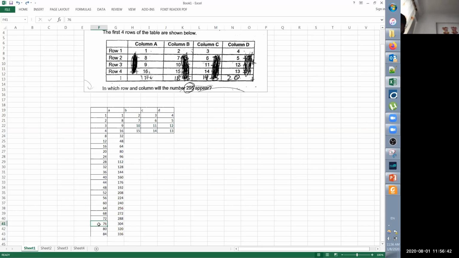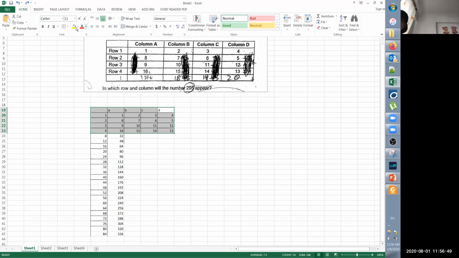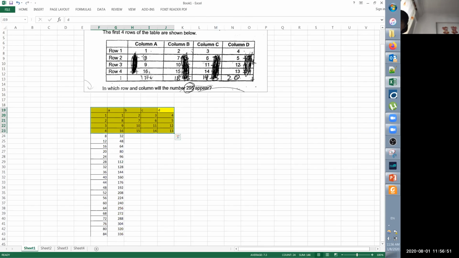Okay, so let's look at the screen. So this is the question given. 我把它弄在这里，OK，黄色的，跟这个是question. So I hope you can see that 16 is here. So let's say this is your row 4.